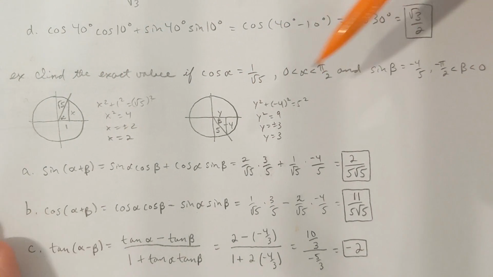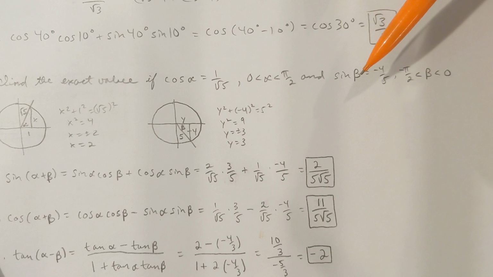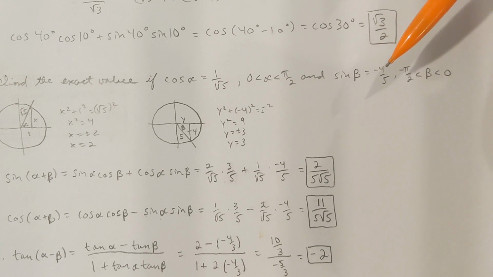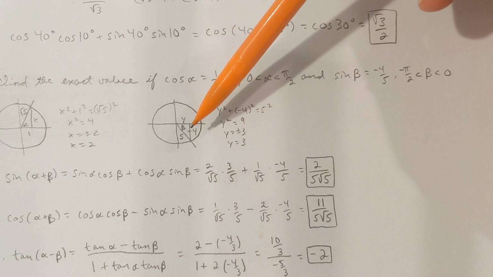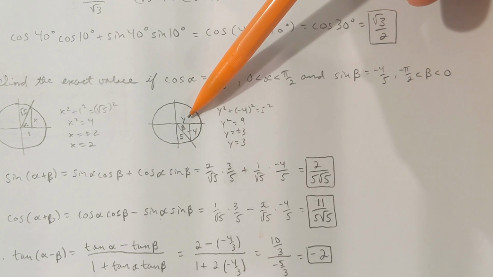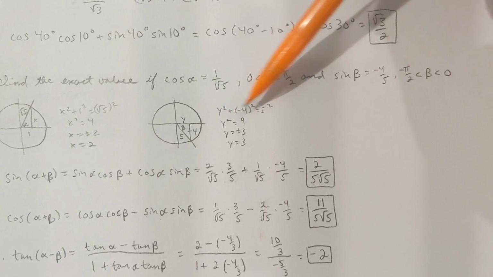And then over here, I've got the angle beta set up. Sine of beta is negative 4/5. Sine of an angle is also opposite over hypotenuse. The opposite side is negative 4. The hypotenuse is 5. The adjacent side, I'll just call that y temporarily. And use the Pythagorean theorem. y squared plus negative 4 squared is equal to 5 squared.